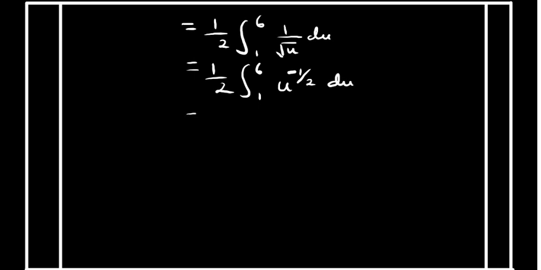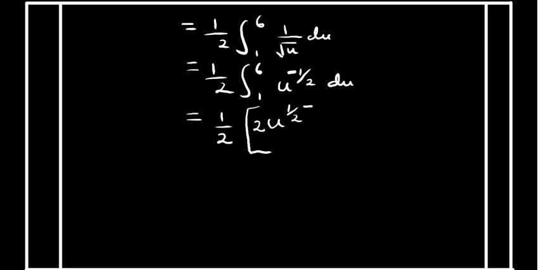We integrate. How do you integrate that? Increase the power by 1, divide by the new power. So we shall have a half here. Then this will be u. We increase negative a half by 1. That will be power half. But you have to divide by a half. Now dividing by a half is as good as multiplying by the reciprocal. So I will have a 2 there.